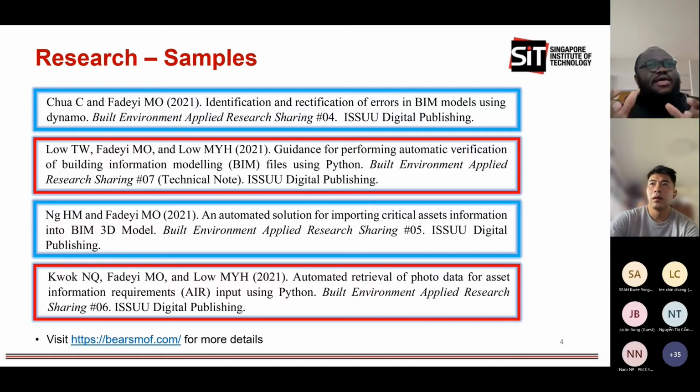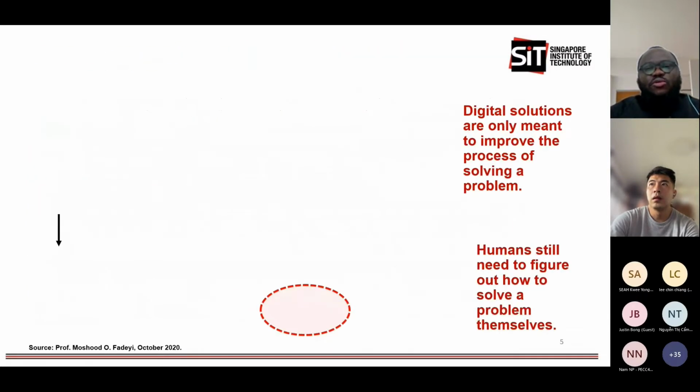So when I say reduce manpower, I'm not saying that we let people lose their job. People are afraid of digital solution nowadays because they don't really understand the main purpose of a digital solution. The purpose is to make you speed up the process of solving your problem. This thing is not true.